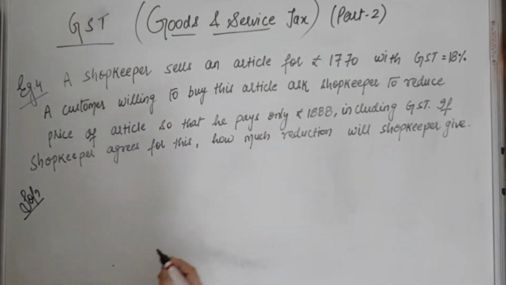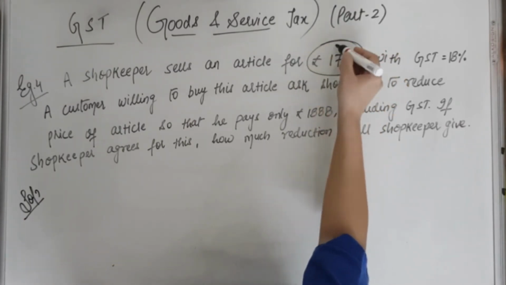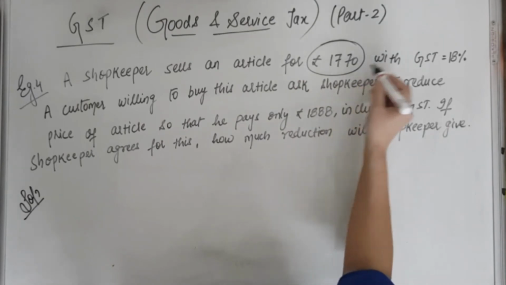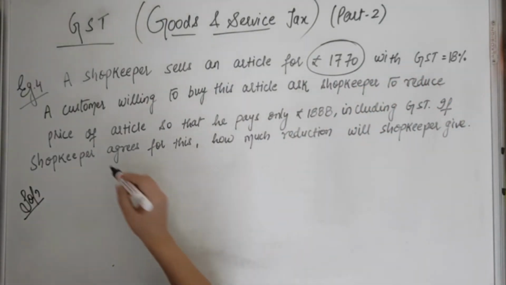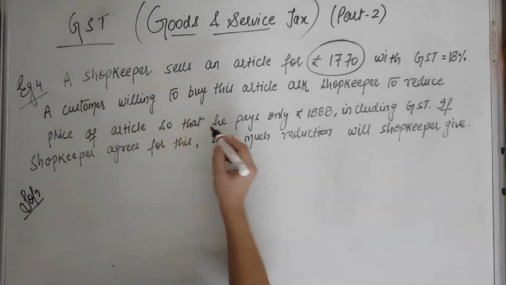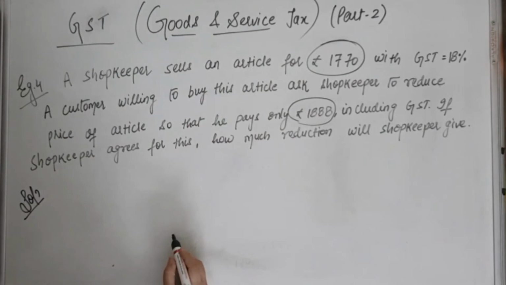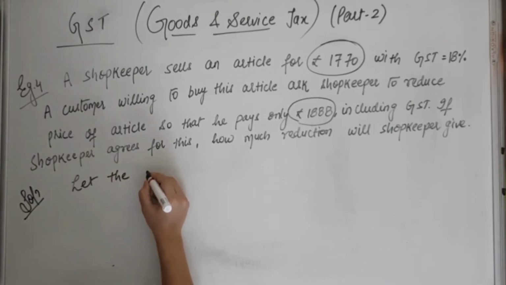Now in this case, the selling price of the article is 1,770 with GST 18%. But the customer is willing to buy this article and he'll only pay 1,888 rupees including GST.